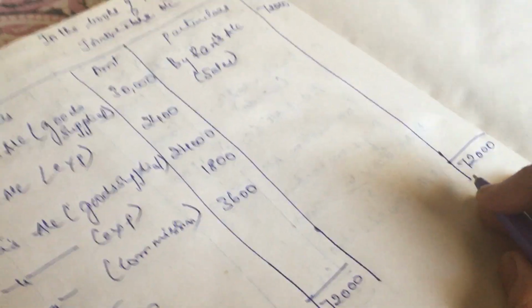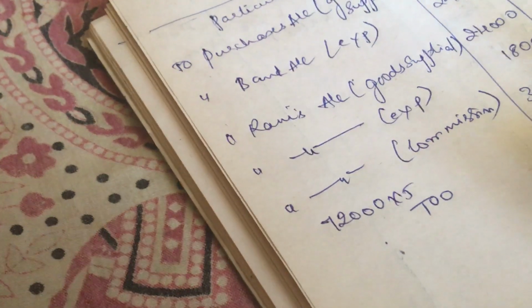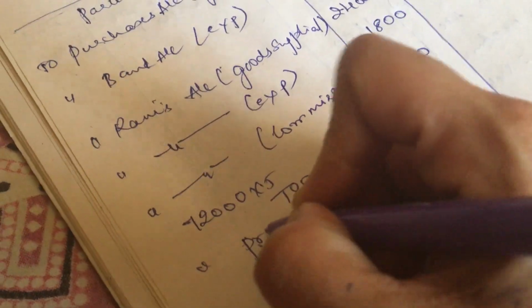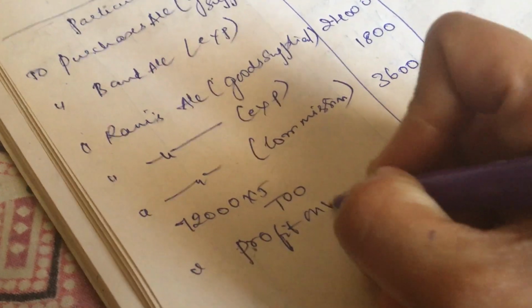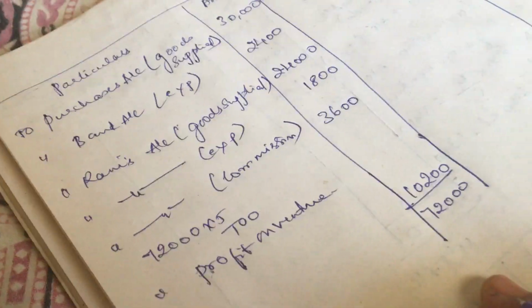The net profit you are getting is 10,200, to profit on venture 10,200, and you are sharing profits in the ratio of 4:1.